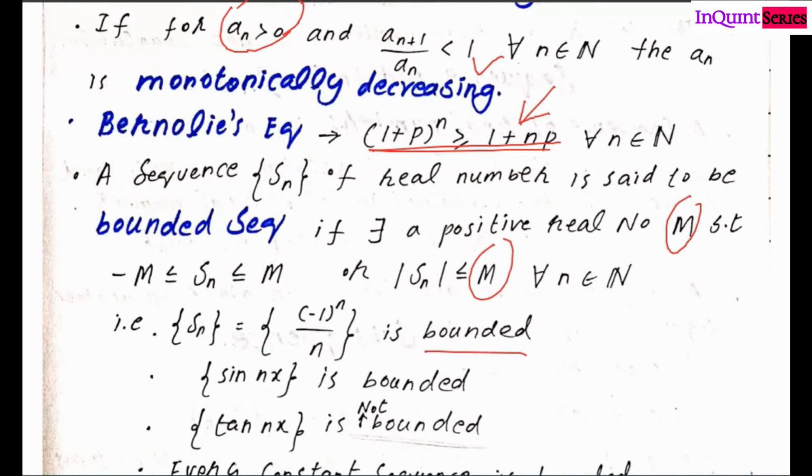Here are some examples of bounded and unbounded sequences. So the sequence (minus 1)^n over n is bounded, you can check.